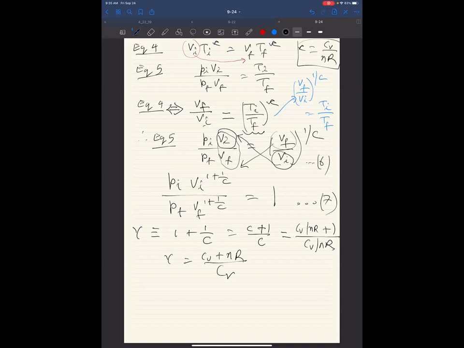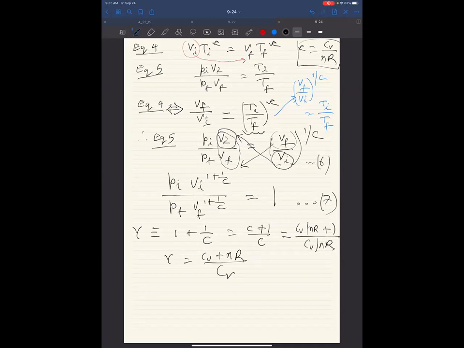Even simpler, what heat capacity is larger than CV? CP. Remember, for an ideal gas, we showed, it was a practice problem on the Slack channel, that CP minus CV is proportional to R. CP minus CV for an ideal gas is NR.